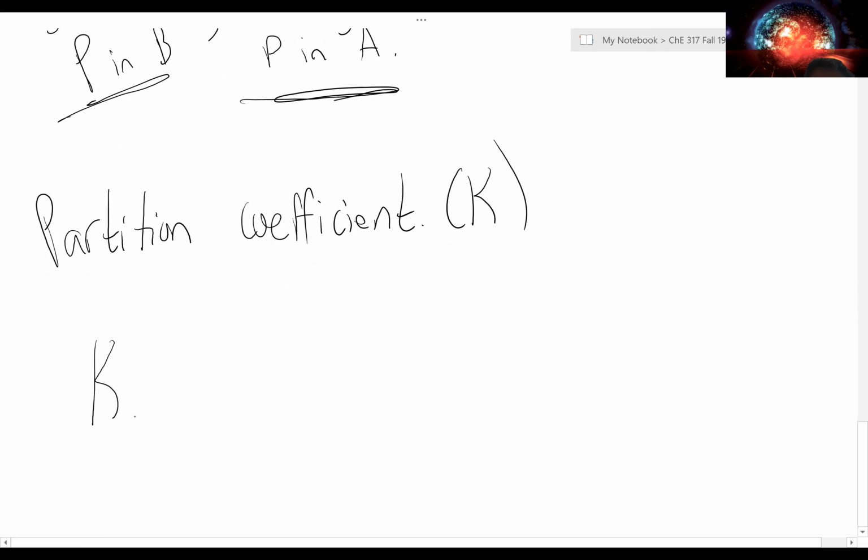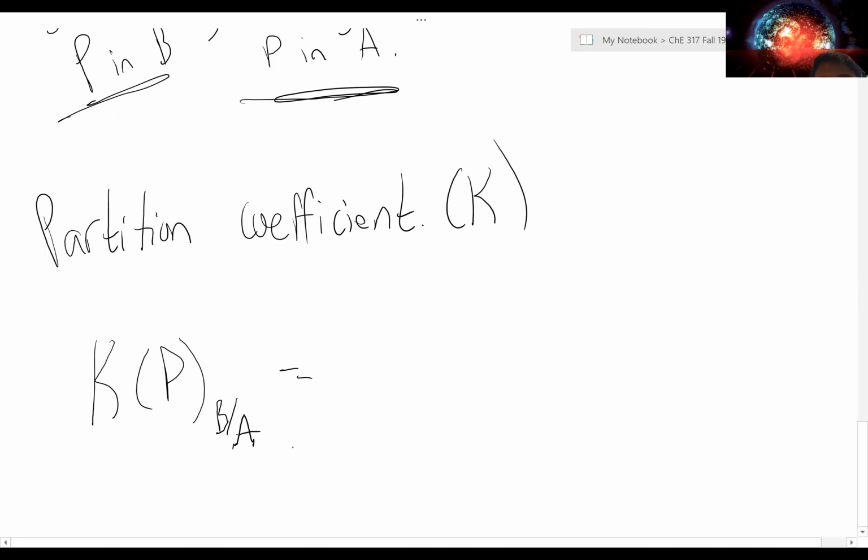And so the partition coefficient tells us how that split would occur if we had a substance being distributed between two phases. And so if in this system that I had here, I would want to know the partition coefficient of P in the B phase over the A phase.